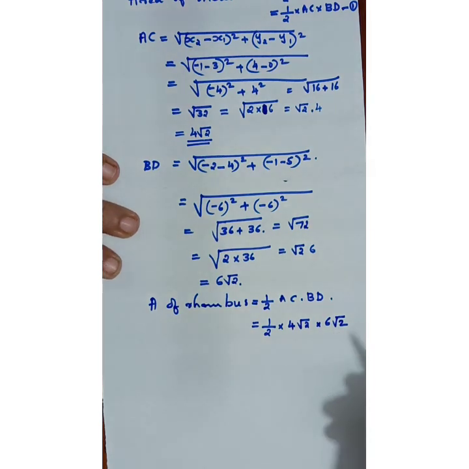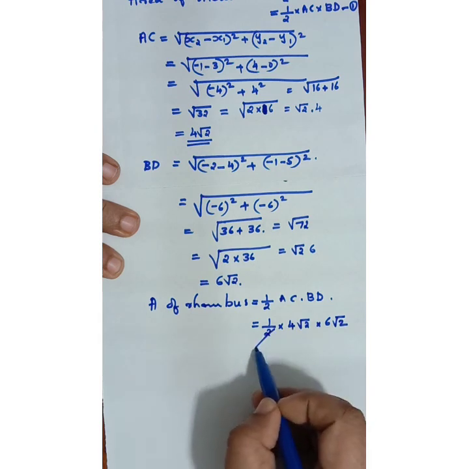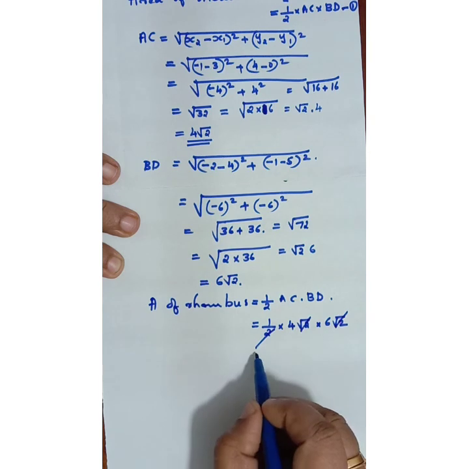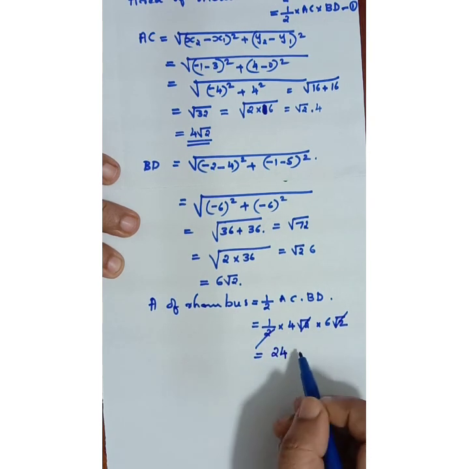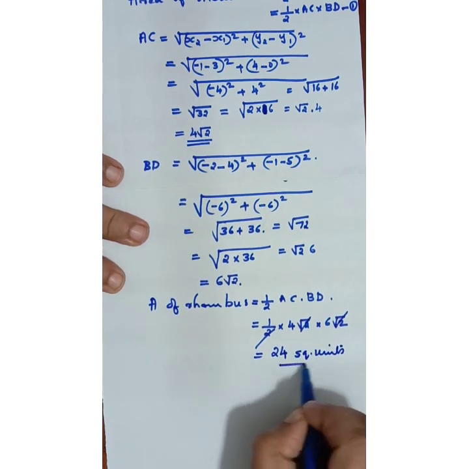So we have to simplify this. Root 2 into root 2 is 2. 2 can be cancelled by 2, so 2 by 2 is 1. So here we have 4 into 6, which is 24 square units. As it is area, square units.